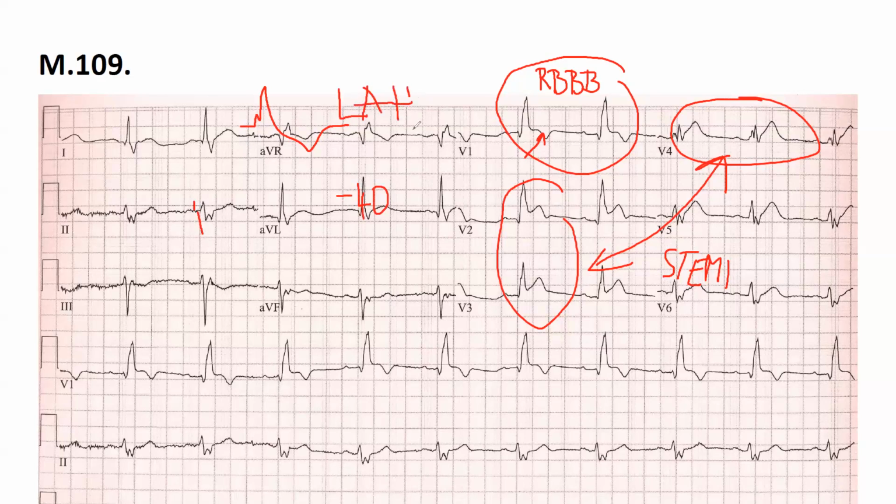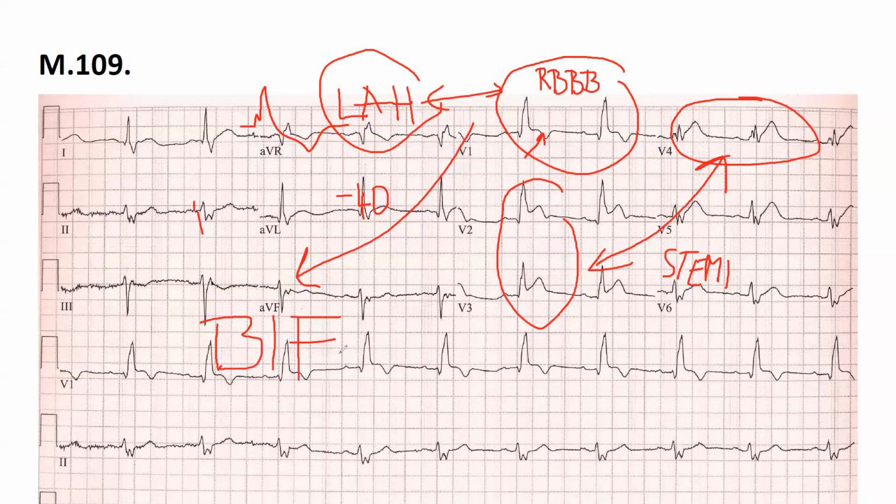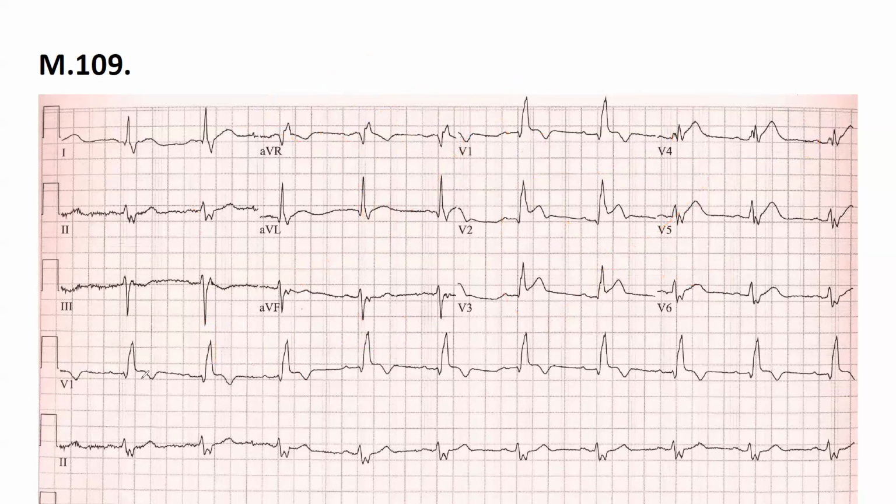So if it's close to minus 30, you can go for the left anterior hemiblock, and together with the right bundle branch block, you can say that could be a bifascicular block. You can go for this one. All right, is it clear? Almost. It needs practicing.